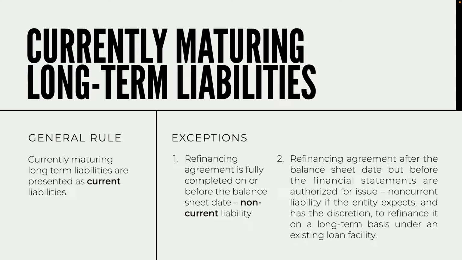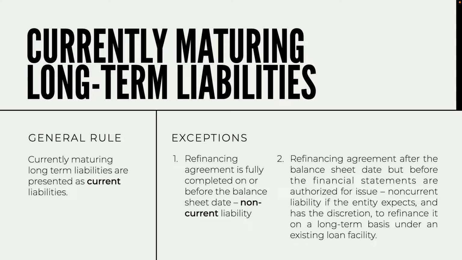Before maggawa ng financial statement, nagkaroon ng usapan si company at si banko. So, yung refinancing agreement na yun, basta nangyari on or before, non-current pa, kasi possible ma-extend pa for more than a year. So, non-current liability na yun, kahit pa next year maturity based on legal form, legal contract. So, dito, kapag nagkaroon ng refinancing agreement, legally, between the bank and the company, non-current na yon, yung long-term liabilities na yon.